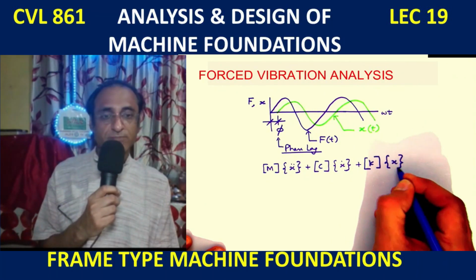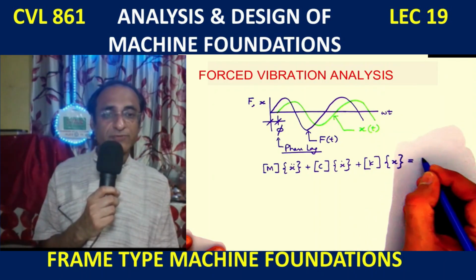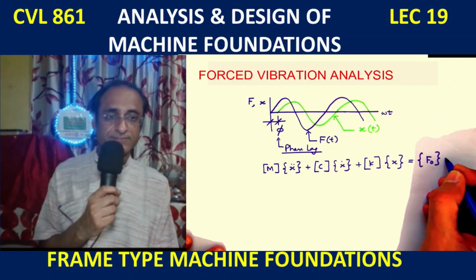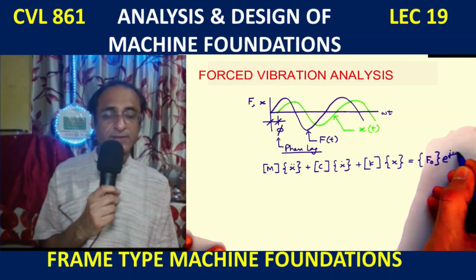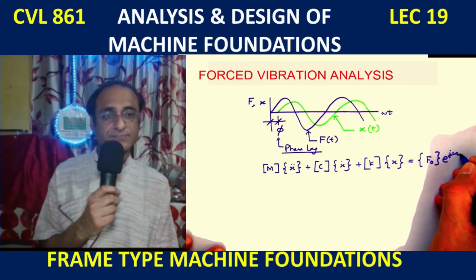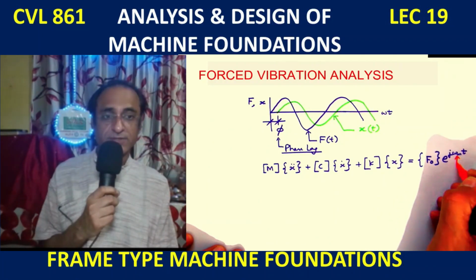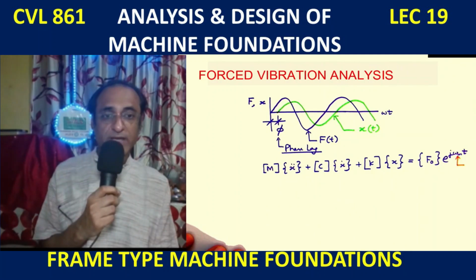Because the vibrations are harmonic and we have the forcing function with us, as the manufacturer provides the information, everything is operating at the operating frequency of the machine. So omega m is the operating frequency of the machine.